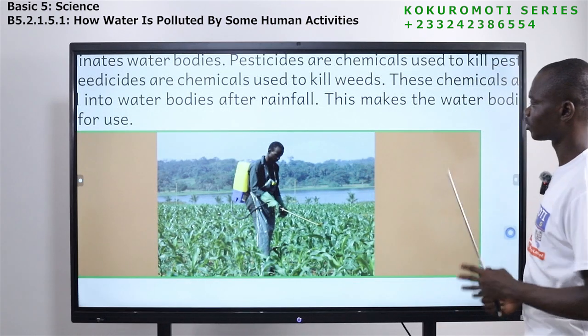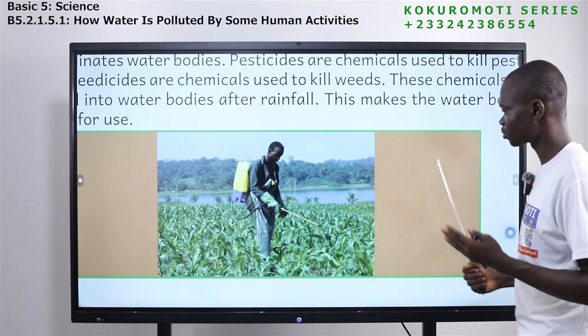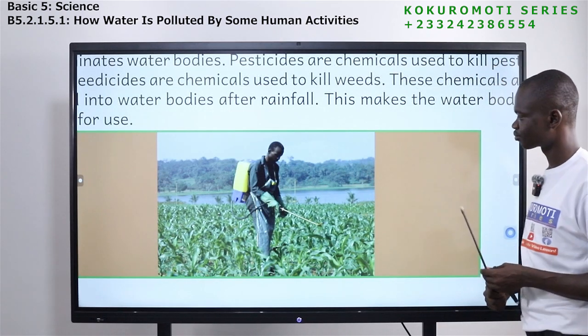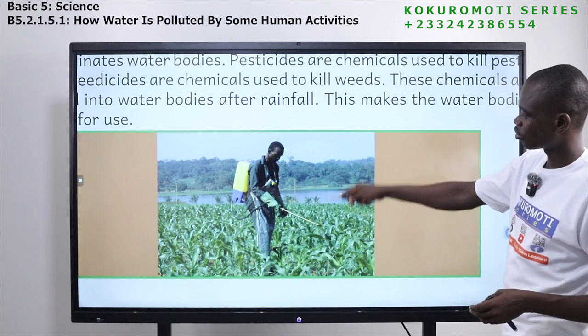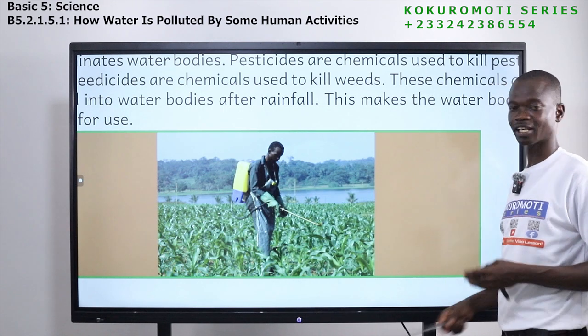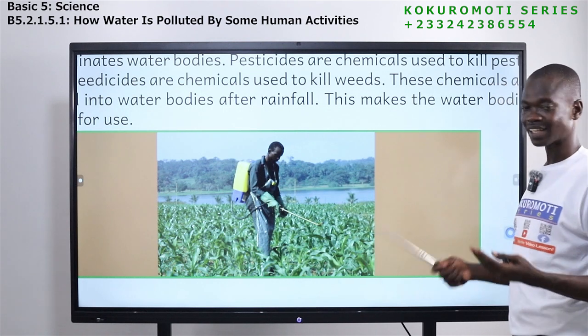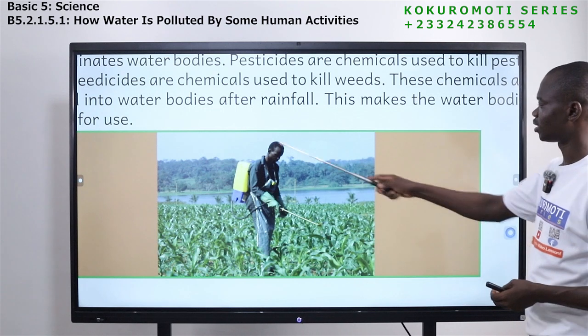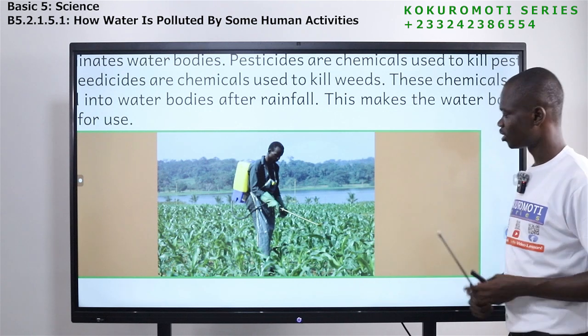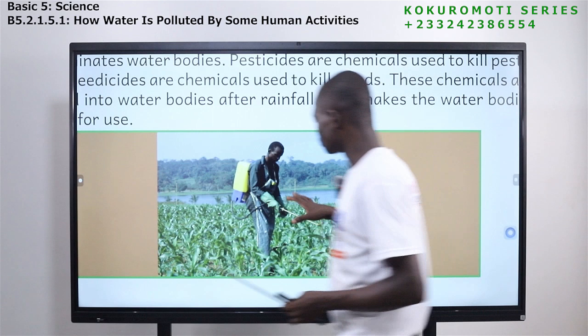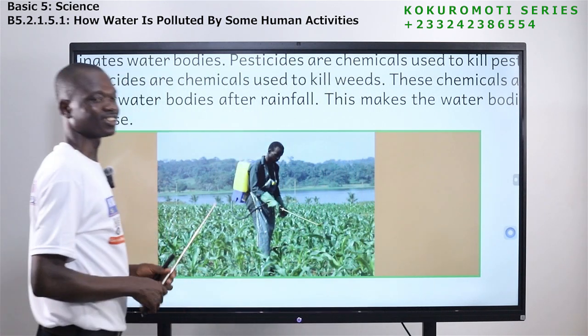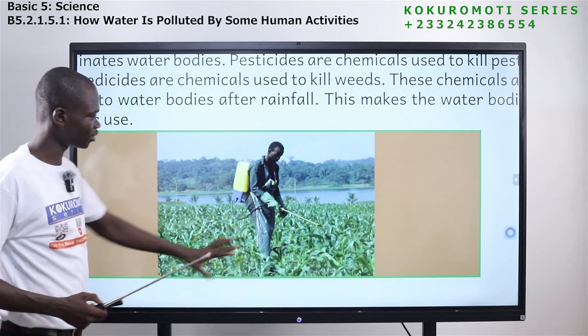This is another activity. The next one is this. Have you seen the man? What is he doing? He's spraying the farm. What he has here is chemicals. So it could be weedicide, pesticide here, and he's spraying. So if you do this and it rains, the rain will wash everything.